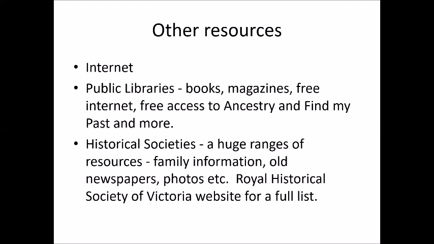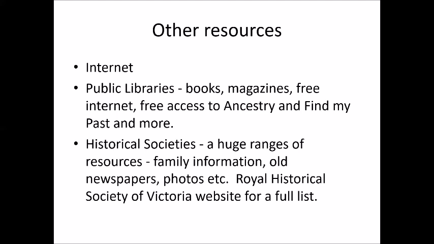Public libraries, we have, of course, subscribed to Ancestry and Find My Past. We have books on tracing your family tree and magazines, etc. And historical societies. So if you know that your family came from Warrnambool or wherever, it's worth contacting the local historical society, because they have lots of information that isn't online. Not everything is online. That's the thing.